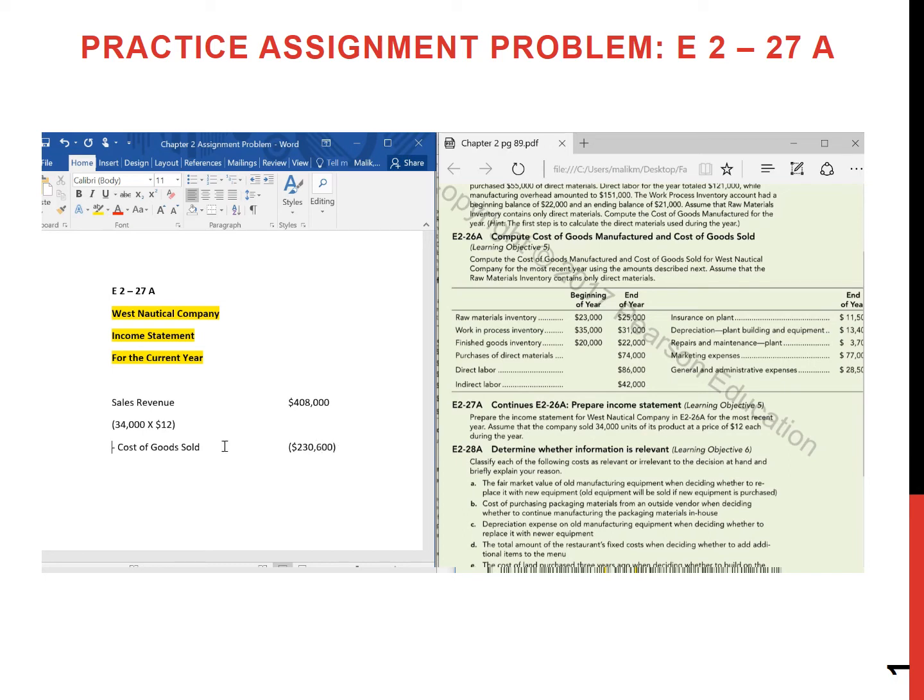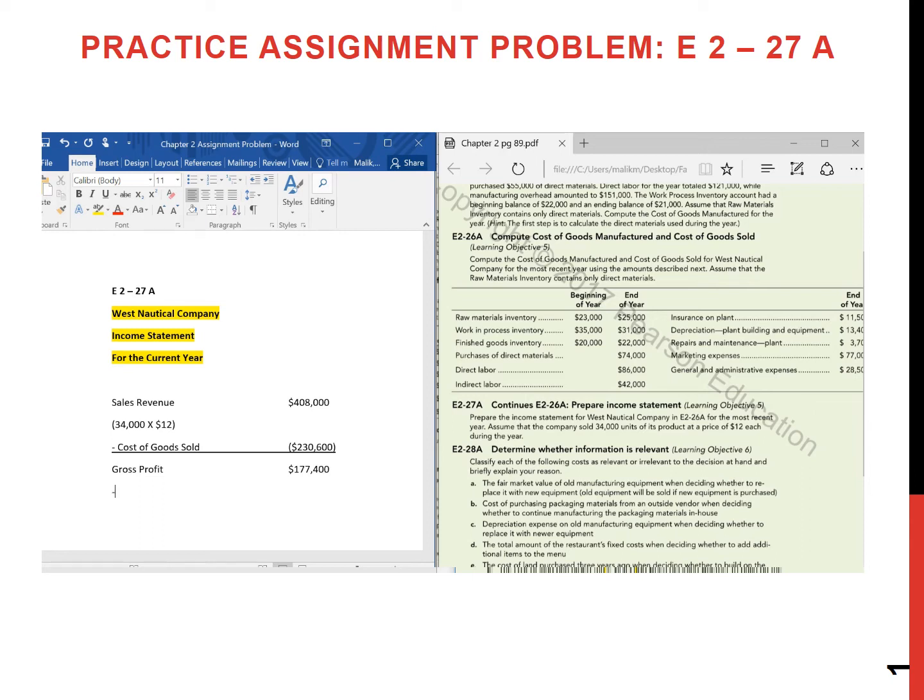And this difference, we will call it gross profit. Gross profit. So if you have your calculator, you can check 408,000 minus 230,600. You will find 177,400. This is your gross profit.